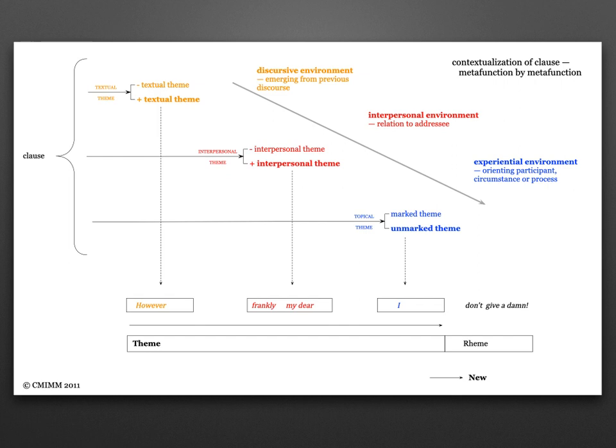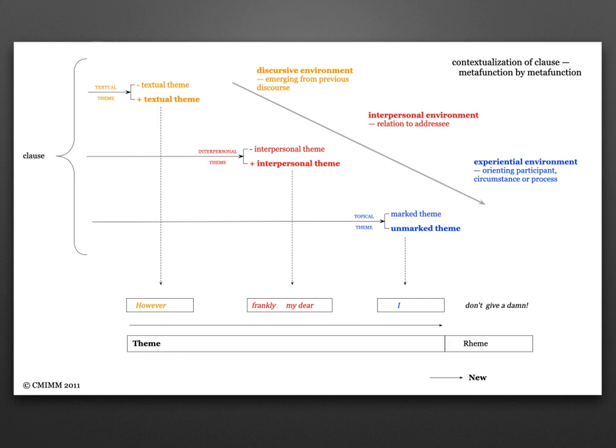It's true. Finally then you come to the topical theme. Here you also have a choice, but you haven't got a choice to opt out. The choice is rather what kind of topical theme you get, an unmarked theme or a marked theme. We'll talk more about this.